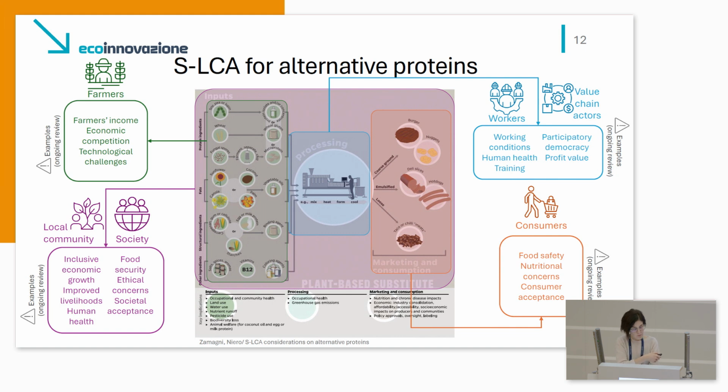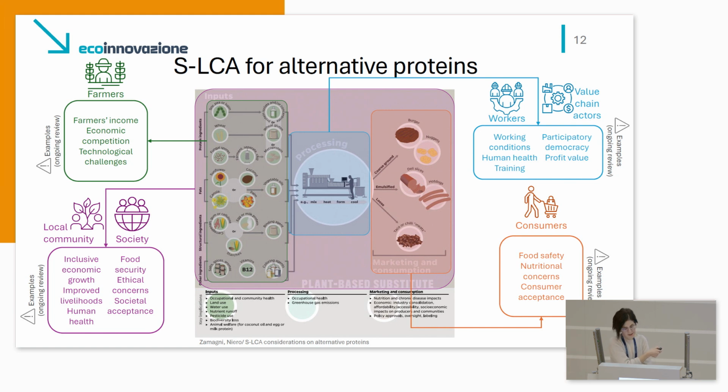And the topics that we might want to address, that are able to quantify the contribution to those social areas of priorities, might refer to, for example, for local communities, inclusive economic growth, improved livelihood and human health. When we go to society, we need to measure the food security, the ethical concern, which are a critical element, and also social acceptance. There are many others.